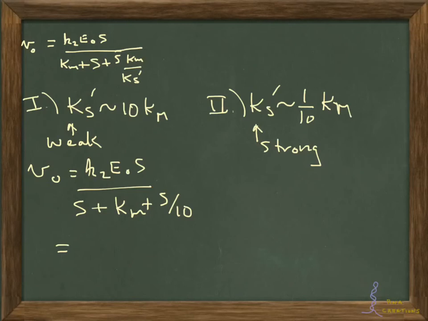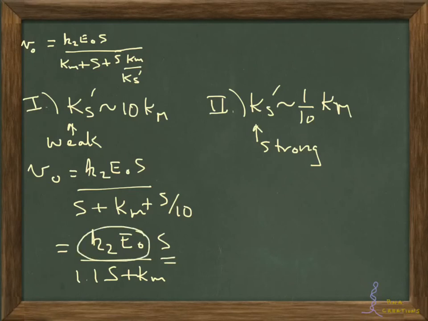Or in other words, K2 times E naught over 1.1 S plus the Km, times S. And this part is Vmax, so the fastest this can go.